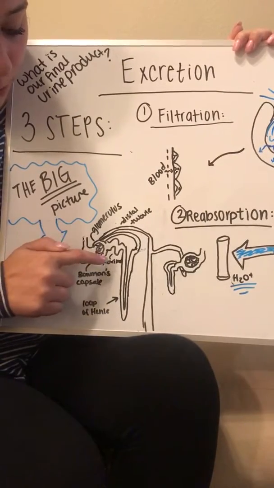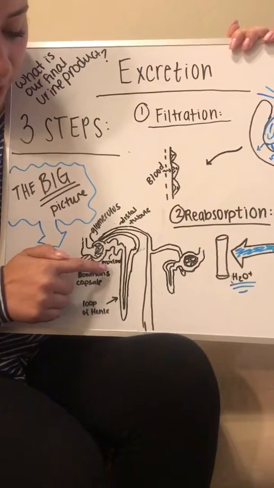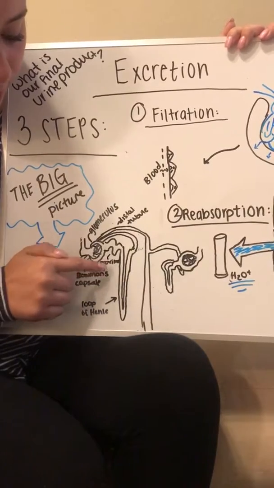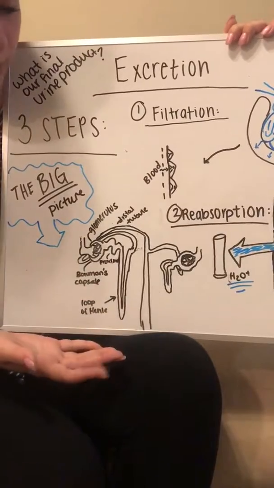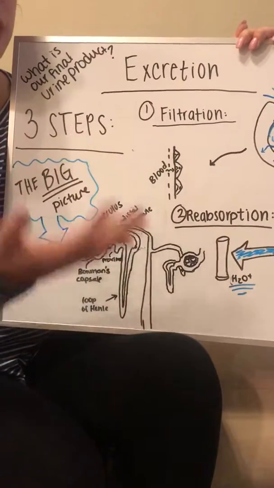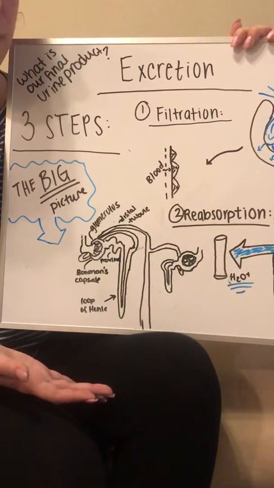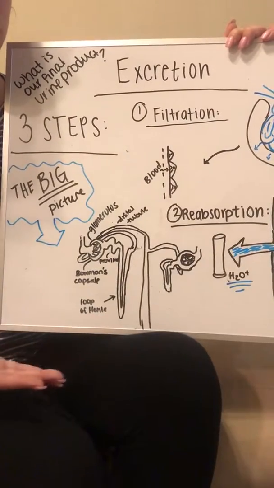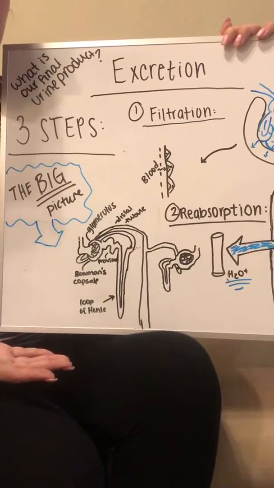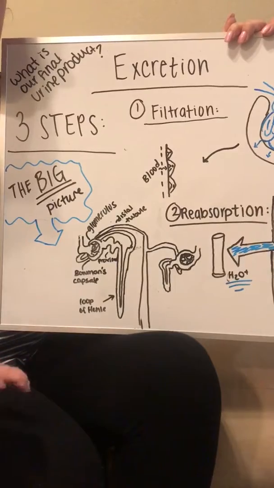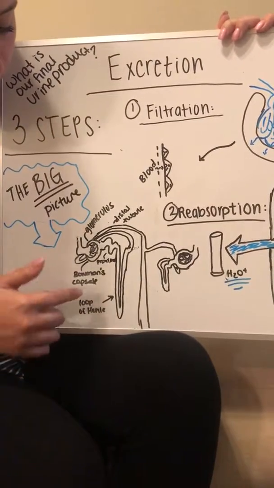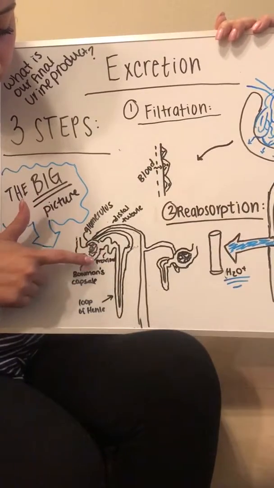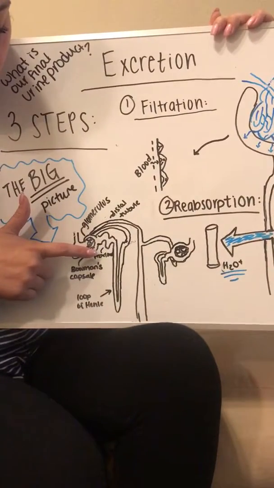We work our way into the proximal tube of the nephron. Here's where a lot of the reabsorption is going to occur. This is when the H2O is going to get filtered out and sent back to the body through osmosis, through those aquaporins. We're going to get sodium back as well. So that occurs here at the proximal tubule.